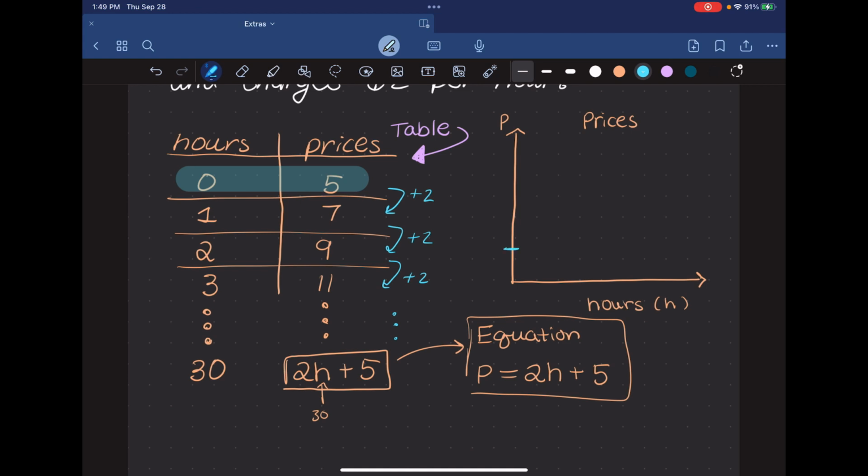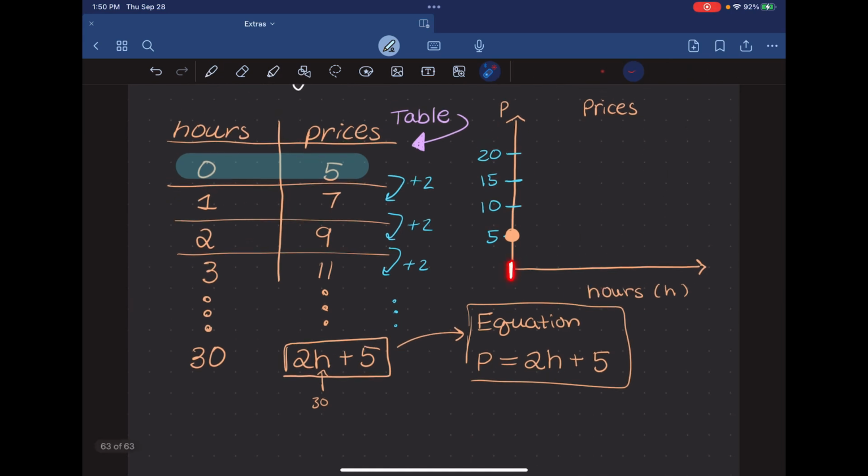Maybe I have my prices like this. So my first point is going to be here, right? And that's just letting us know that when my hours is 0, my output is 5, or my price is 5.